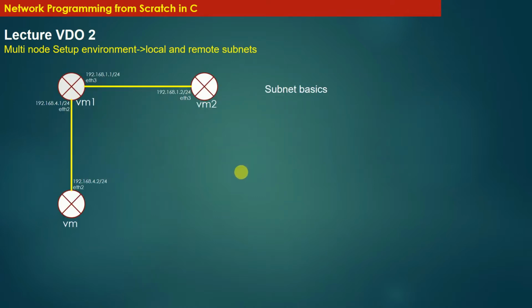Before creating a topology, let us understand some subnet basics. As I have already explained, every interface has an IP address which lies in one particular subnet. For example, in our topology you can see that there is an IP address configured on every interface of all routers, and every interface has a number after the slash which is called the subnet mask.